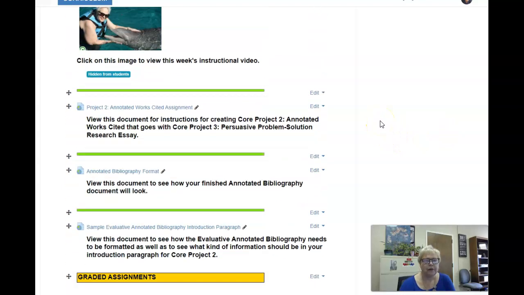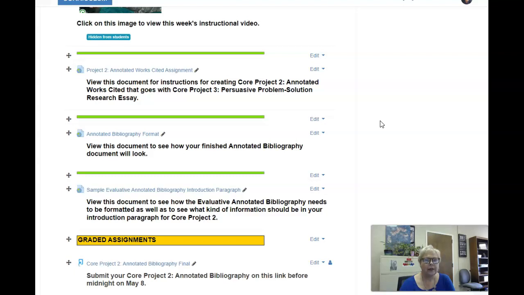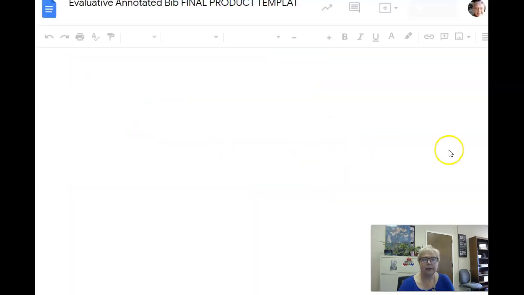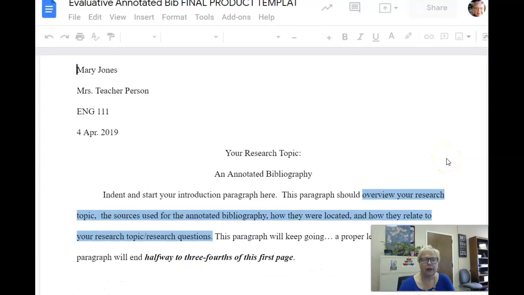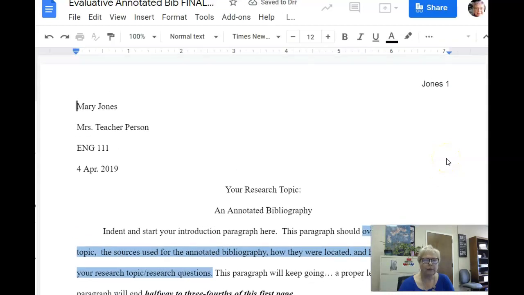So to show you how this looks, because we're going to pay particular attention to formatting this time, and to adding that introduction paragraph, I shared the page, the worksheet with you again, and here is a document that shows you what it will look like when it's finished.